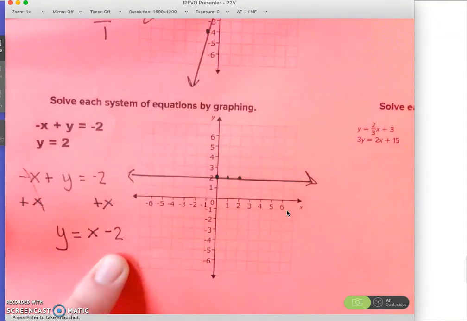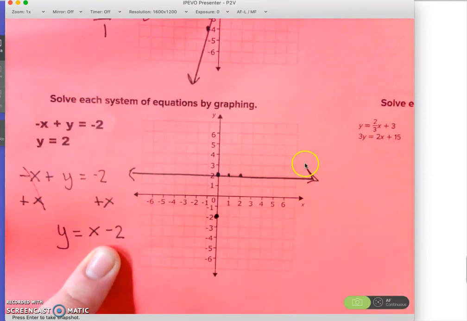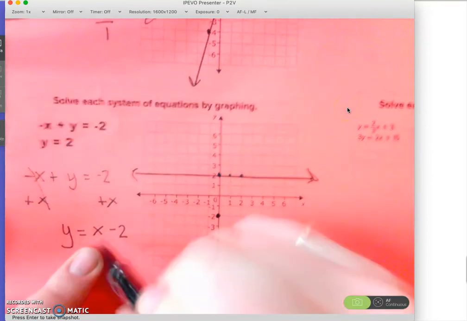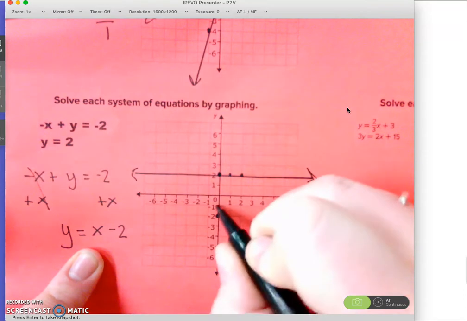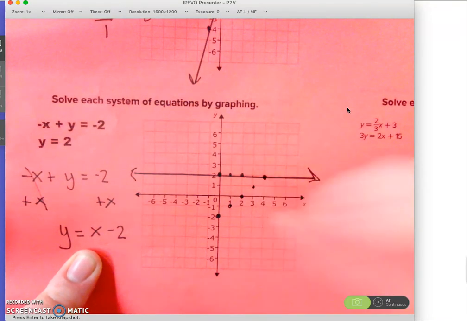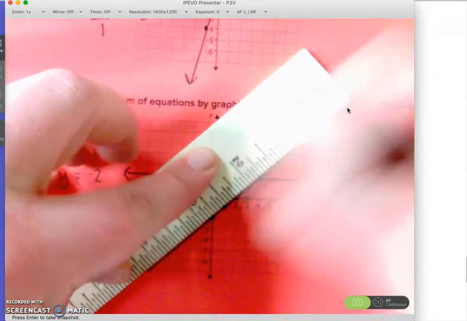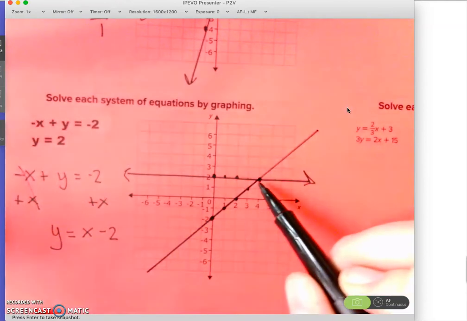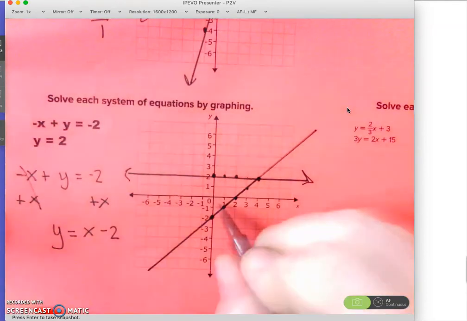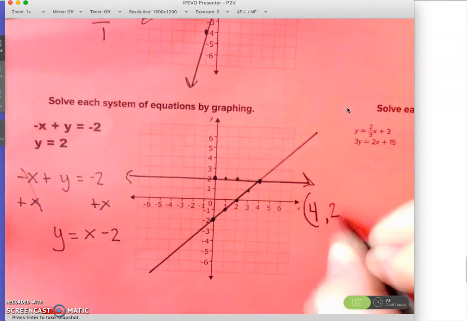So here I see that my y-intercept is negative 2, and then my slope is 1 again, so I go up 1, over 1, up 1, over 1, up 1, over 1. Okay? Draw my line, and this point right here is where they intersect. This point is 4 and up to 2.